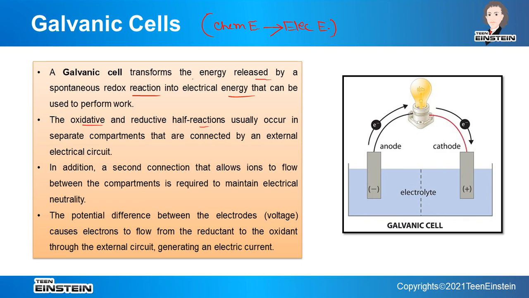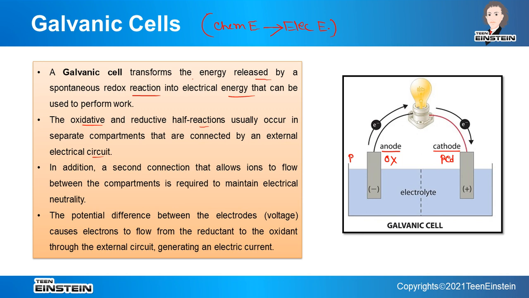Now there will be an oxidation half reaction and a reduction half reaction, and there are separate compartments for them, where oxidation and reduction go on, and these are connected by an external electrical circuit. You can see this is one compartment which is the anode, this is another compartment which is the cathode. Here oxidation is going on, here reduction is going on. After oxidation, the electron is left by the system.